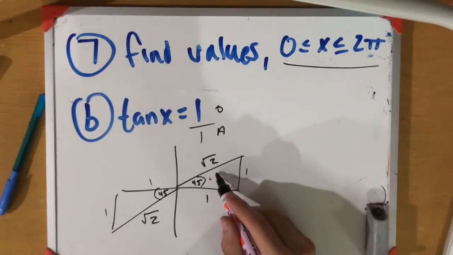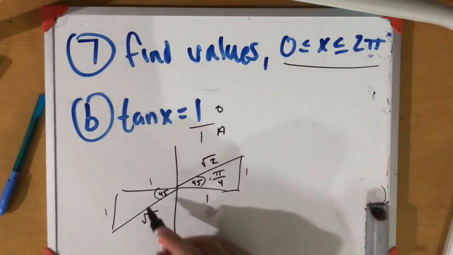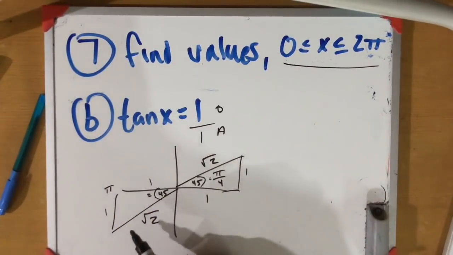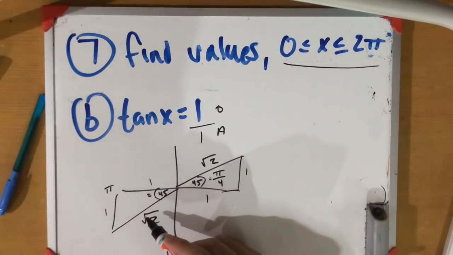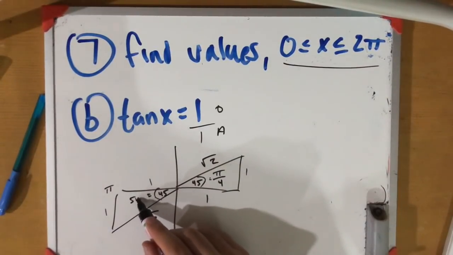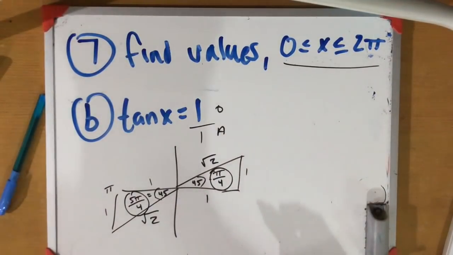Well, this would end up being pi over 4. And this would end up being pi plus pi over 4, which is 5 pi over 4. Those are our two values for tan x is equal to 1.